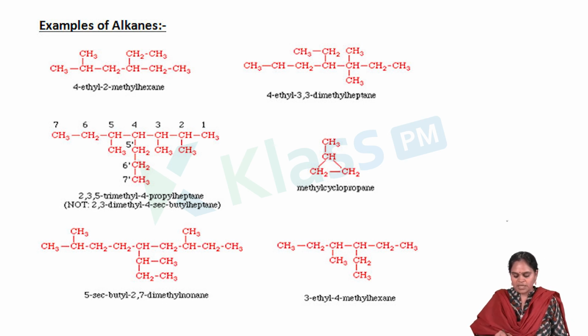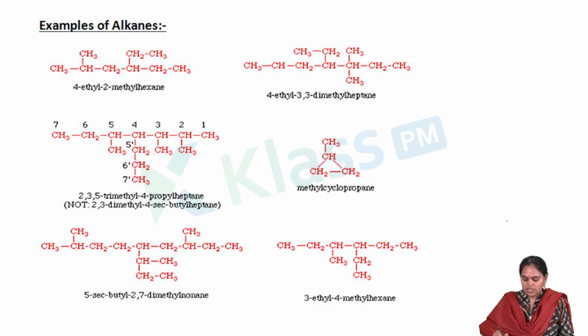See, this is methyl cyclopropane. Total chain: see this one, CH3, CH2, this one 1, 2, 3, 4, 5, 6. 6 carbons, so hex. 3 ethyl, 4 methyl hexane. A CH2, CH3 is there at position 3, so 3 ethyl, 4 methyl hexane.